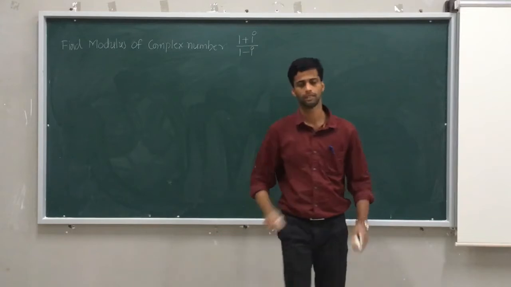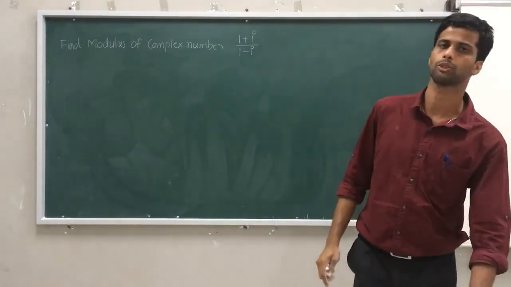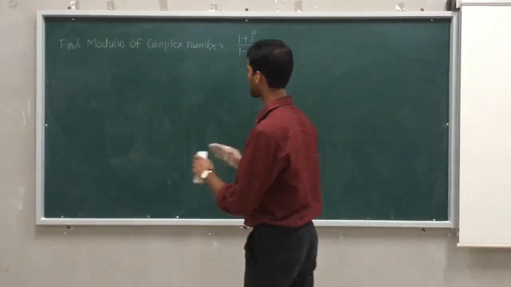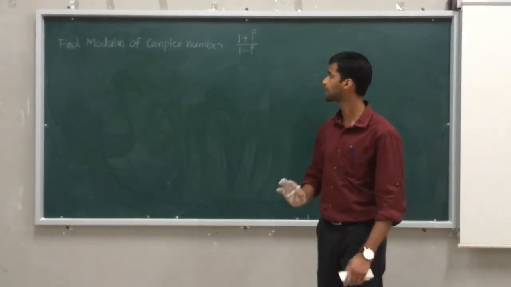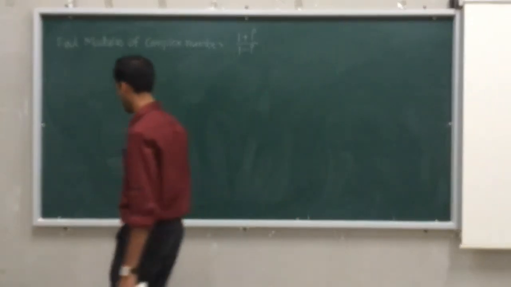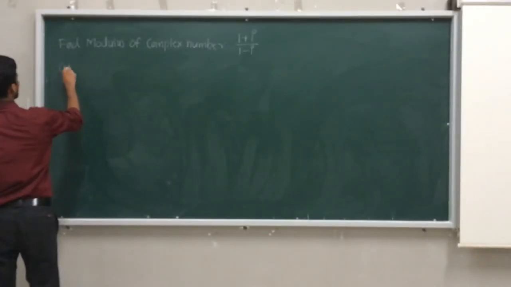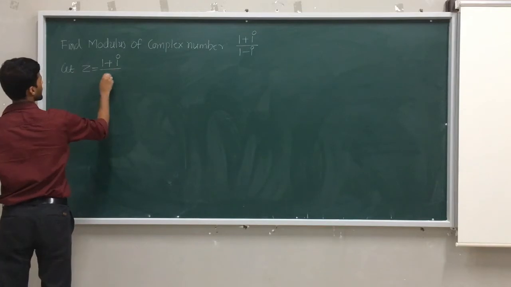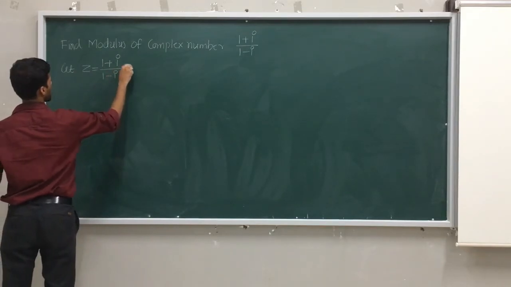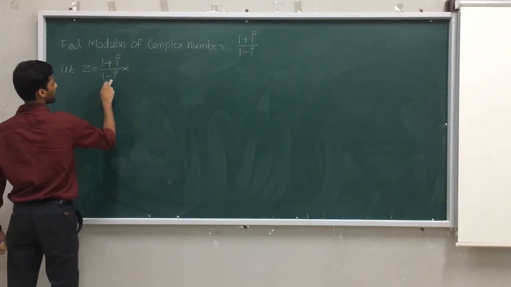What is my modulus? Square root of real part square plus imaginary part square. But first of all, we need to check whether it's in standard form. No, it's not at all in a standard form. So what to do here is, write the question here: let z equal to 1 plus i divided by 1 minus i. How to make it standard? Multiply and divide by its conjugate.